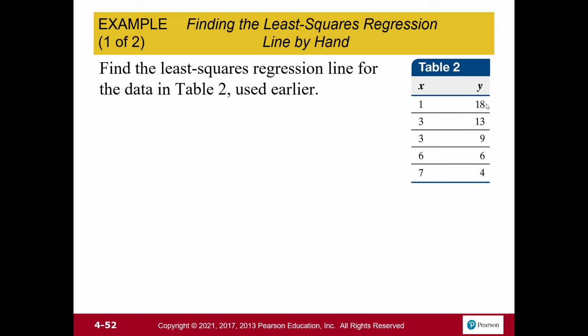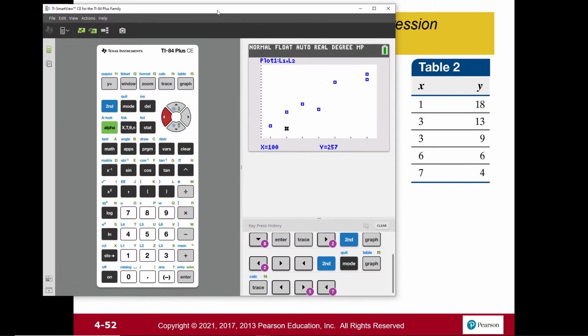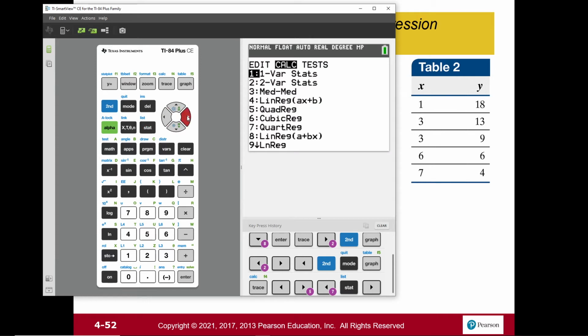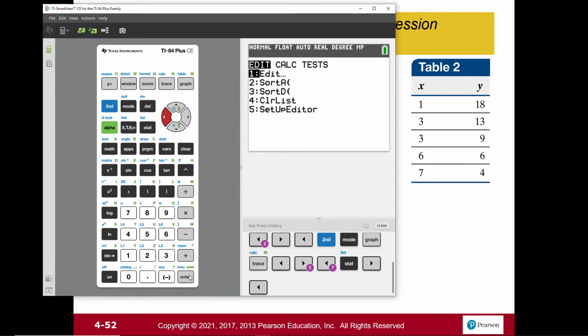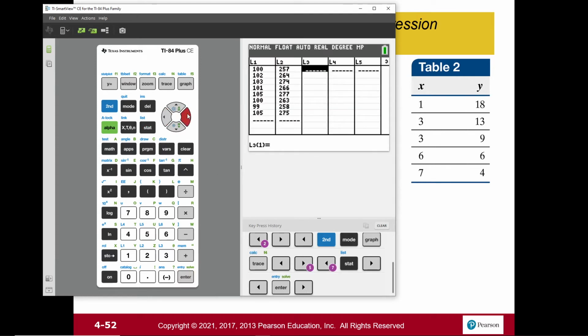So there is a table here, and oh man, this looks like the table that we had earlier. So I don't have this data in there anymore, but I'll still add it. I'll go to stat and I'll go over to edit, and I'm going to put it in L3 and L4. So I'll just enter the data in here.